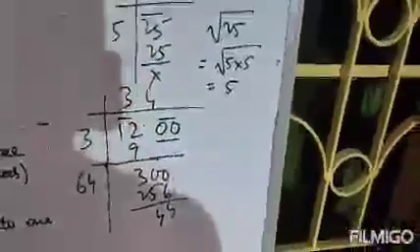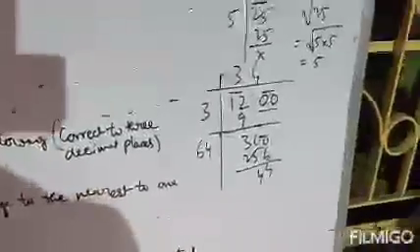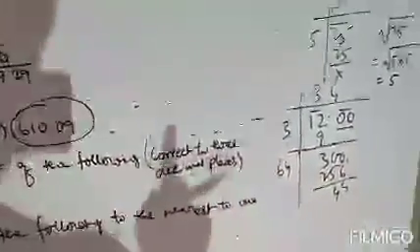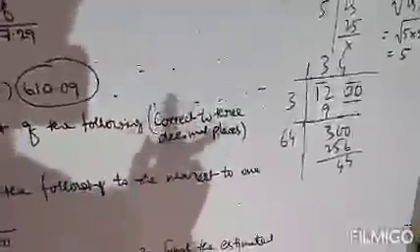These 2 zeros were used. Clear? But we have to find out the square root correcting to 3 decimal places. Therefore we will take 4 values after decimal. 1 extra digit will be taken, because correcting to 3 decimal places 1 extra digit will be taken. So you can find out the square root like this.